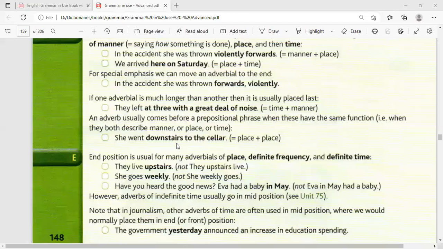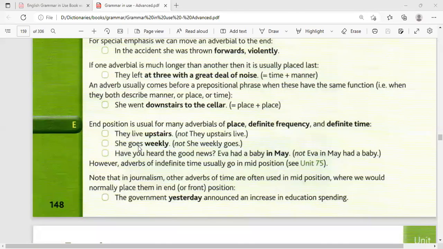Now, end position is usually used for many adverbials of place, definite frequency, and definite time. Look at this example here. When I say they live upstairs, so they live upstairs here.